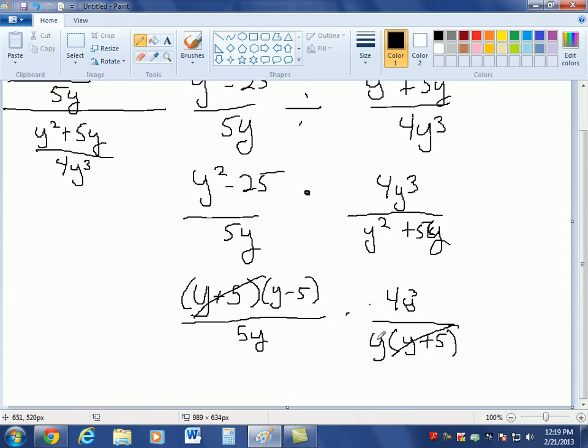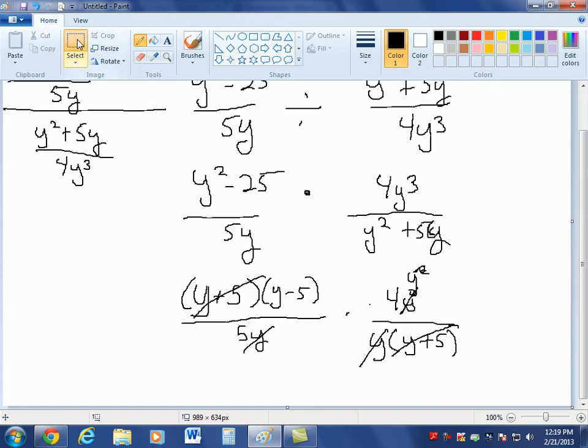Yeah, which y? This y can go, and this becomes y squared. What else can go? This other y is going to ultimately end up on the bottom of the same fraction, so it can go, and this becomes 4y.